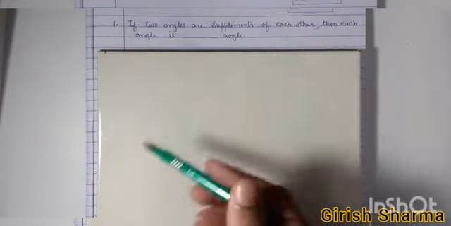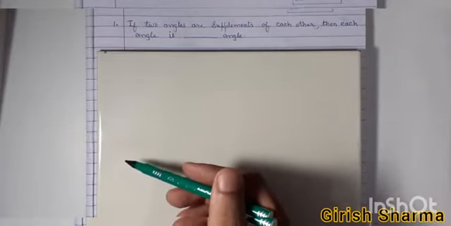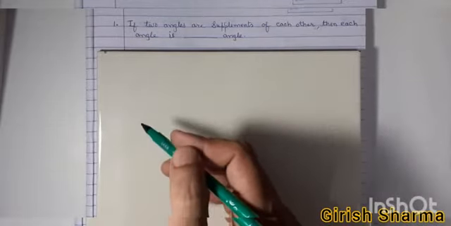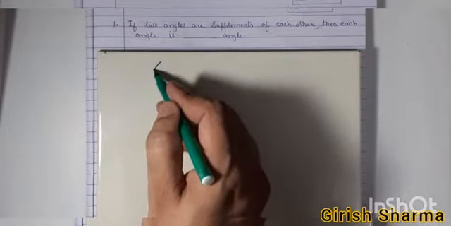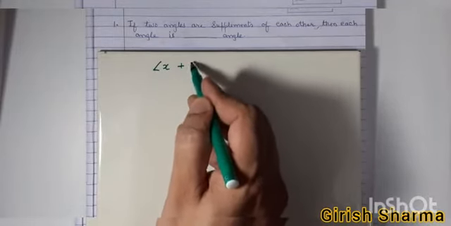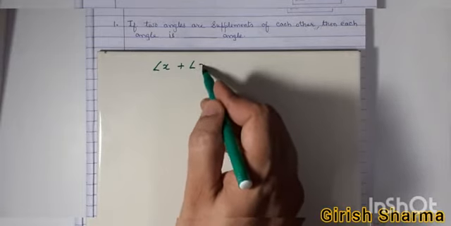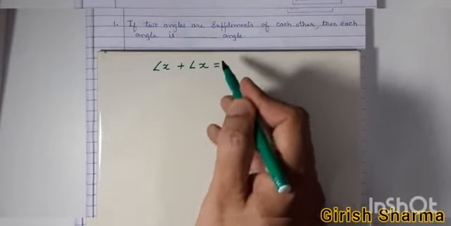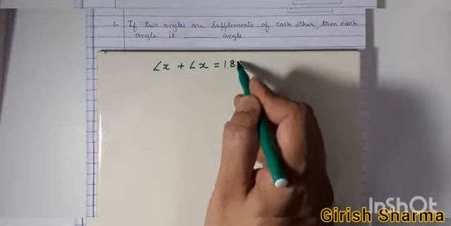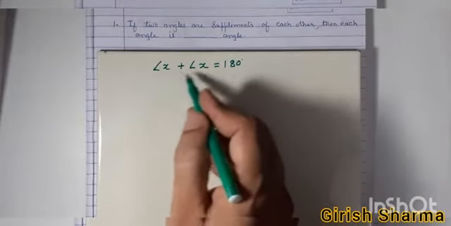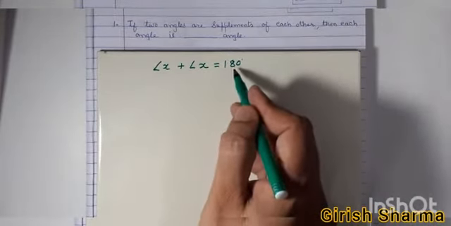Two angles are supplements to each other. It means the sum of two angles will be 180. Let one angle be x, another angle is again x. x plus x is equal to 180 degree because the sum of these two is supplement.